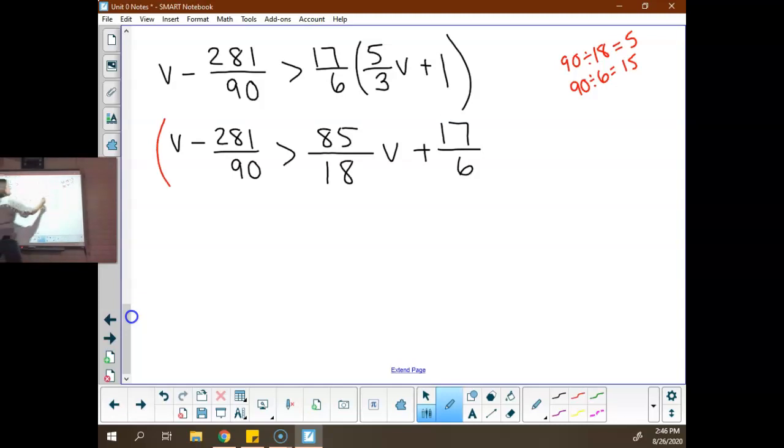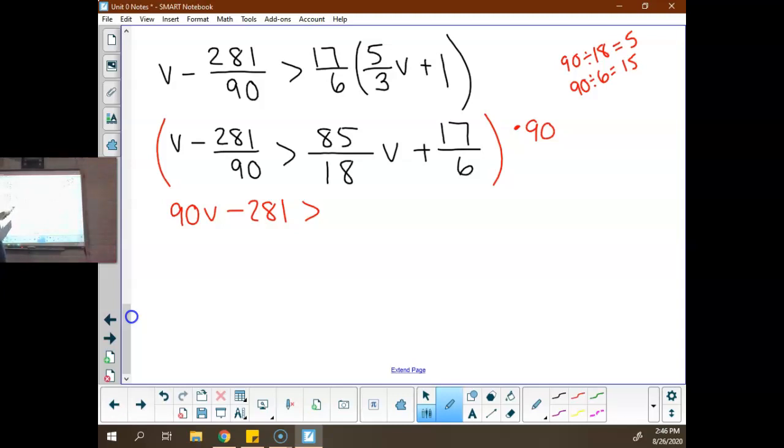So I'm going to multiply this entire monstrosity by 90. All right? So I've got 90v minus, 90's cancel, 281 is greater than. Now remember, we said 90 divided by 18 was 5, so I've got 85 times 5.